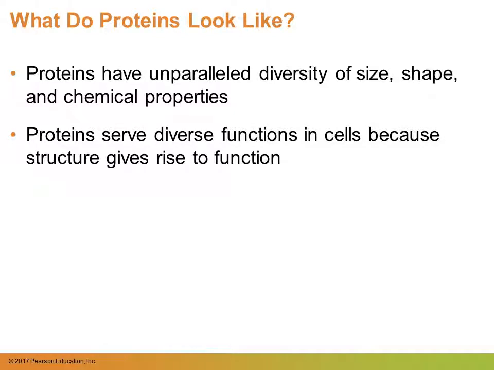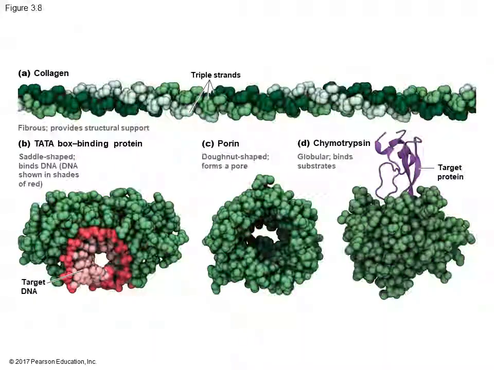So what do proteins look like? If we're made mainly of proteins, then you can imagine there is a lot of diversity of size, shape, and chemical properties. So form and function go hand in hand. Proteins serve diverse functions, so they must also have diverse shapes. Here are some examples.